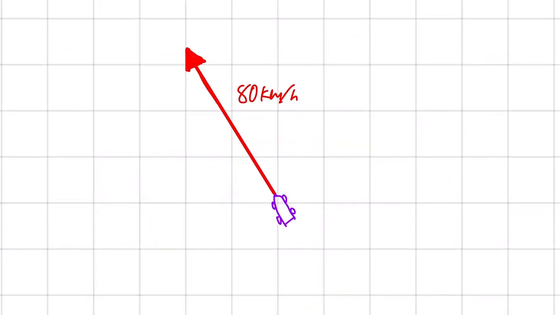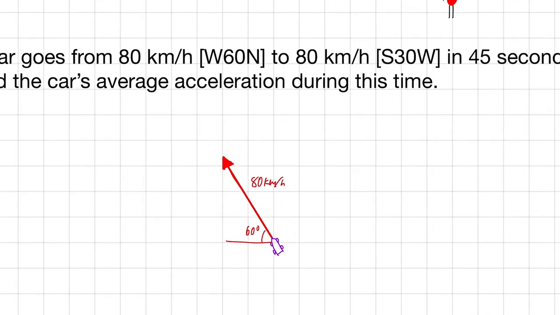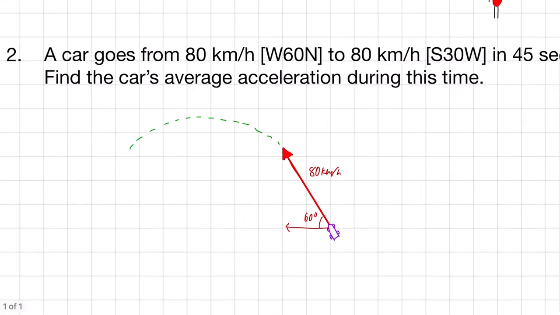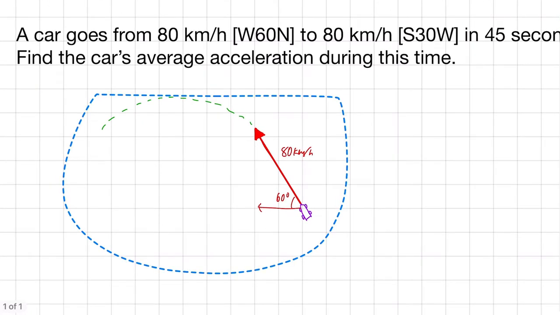We have 80 kilometers per hour. We're moving at an angle of west. So this is west, 60 degrees north. So west, 60 degrees north. And then our car follows this trajectory. Remember, this is a top view.